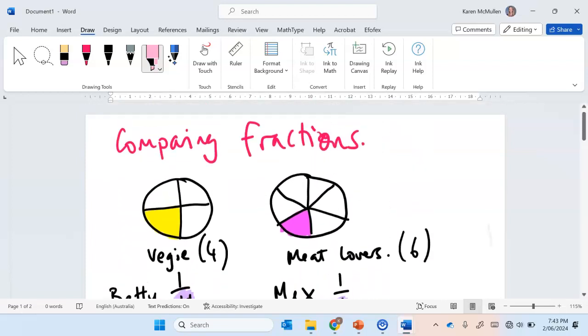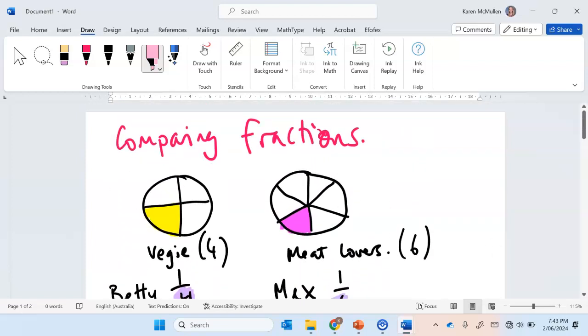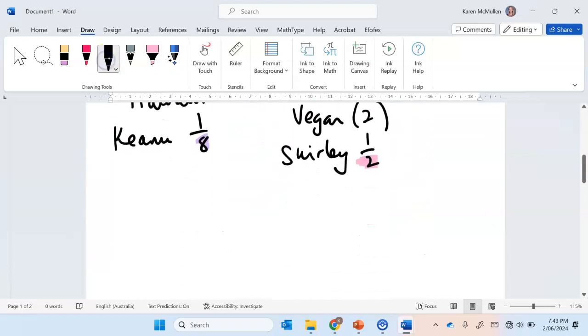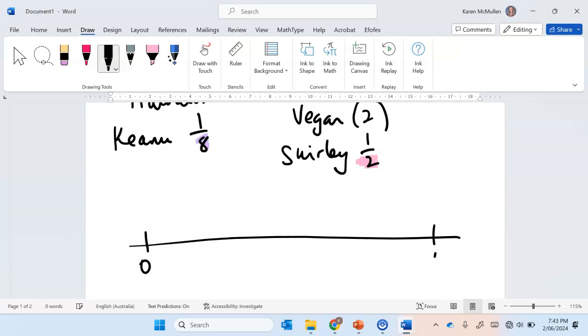So if we're thinking of comparing fractions, all of these are what we call unit fractions. A unit fraction just has the number 1 on the numerator. If I was to represent this on a number line, here's 0 down here, and here's the number 1, and halfway is a half, and half of a half, which we'll learn later, is a quarter, and halfway between a quarter and 1 is 3/4.